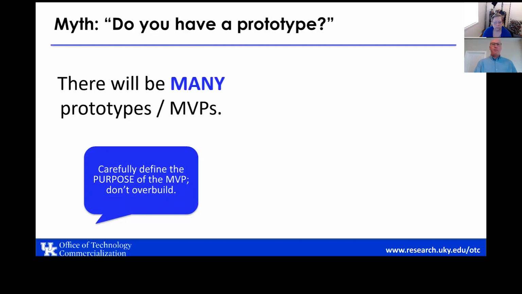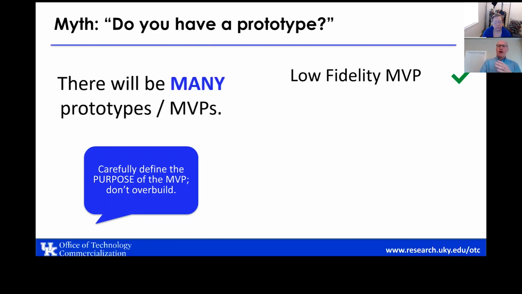And the problem with that is that you end up spending way too much money. You build your product and your prototype on a lot of unfunded or unproven assumptions, and you really overbuild that prototype. So what you want to do is carefully define the purpose and use that prototype very carefully just to accomplish that one purpose.